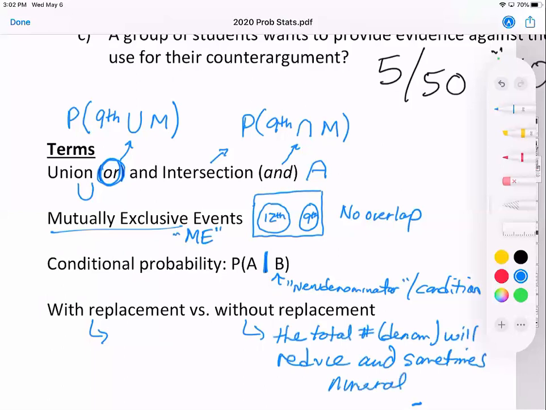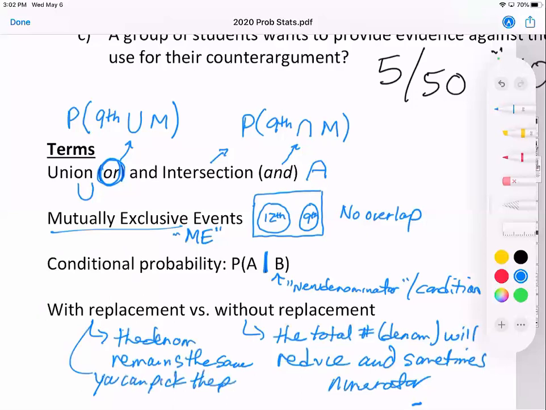Whereas if you have with replacement, the denominator remains the same. With replacement is you can pick the same person again, for instance, a second or third or fourth time.